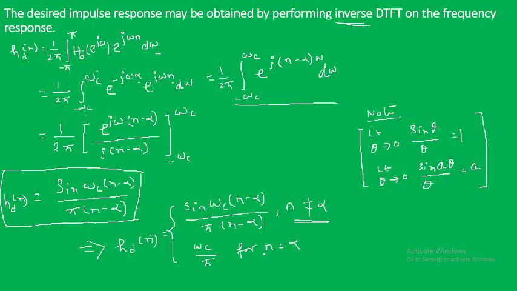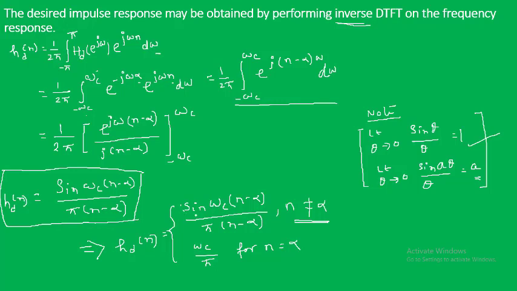So we have to apply L'Hospital's rule, or we can directly use the limit formula: limit theta tends to 0, sine theta by theta, is equal to 1. This is the basic limit. Extending this, limit theta tends to 0, sine a theta by theta, is equal to a. So it is in this form, where omega c is our a.